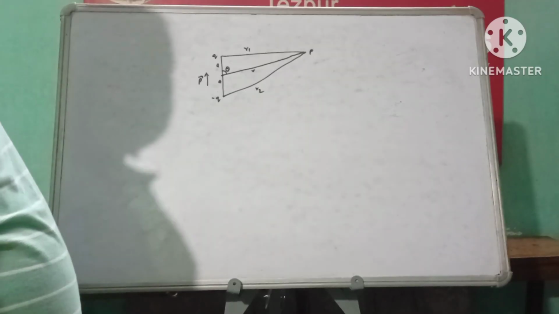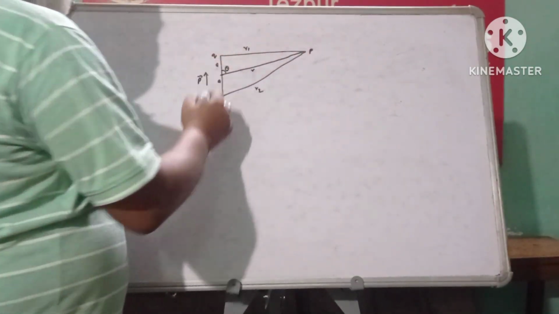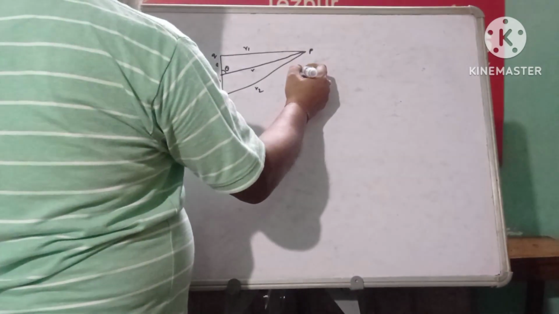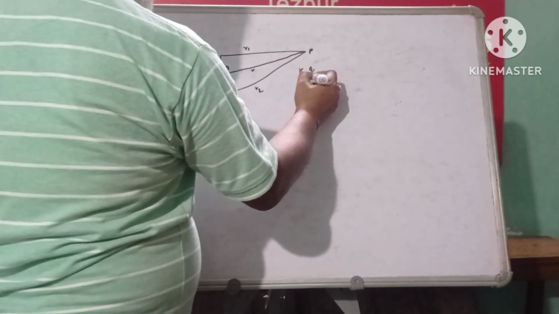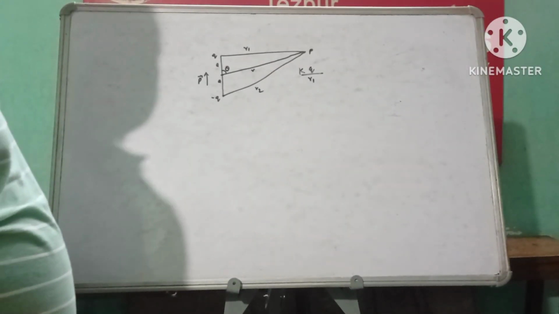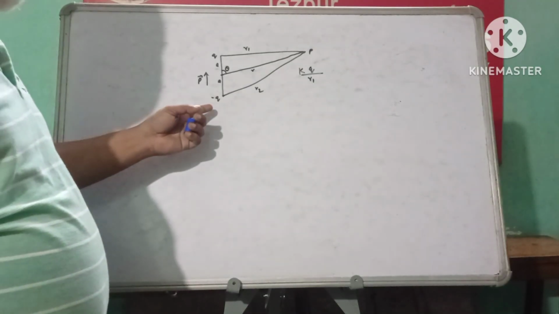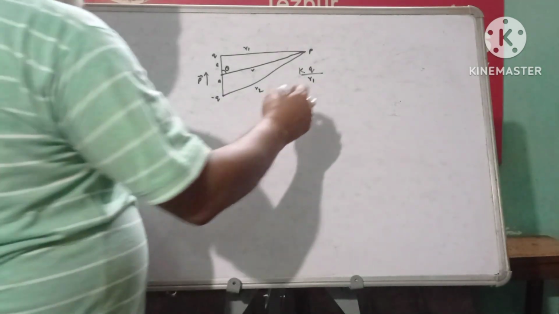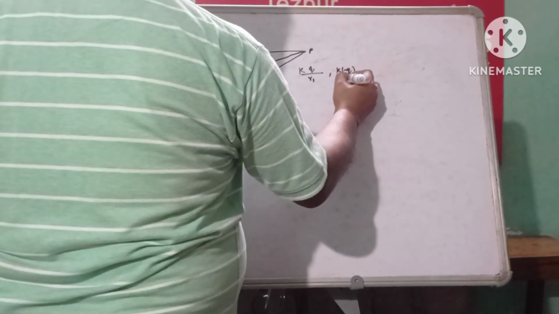So you draw this figure, and you know what will be the potential at P because of Q. The potential at P will be KQ by R1. And the potential at P because of minus Q will be K minus Q by R2.